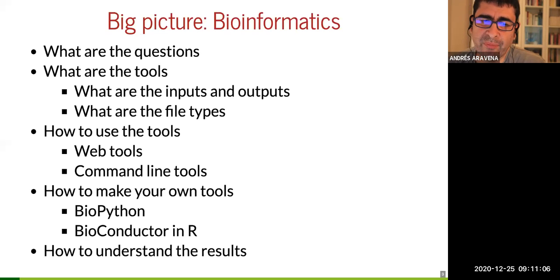Then, ideally, if you have more time or more interest, you should be able to use the tools. So how to use that tool? And I make a separation here between the tools that are on the web, like the ones that we used so far, and the command line tools that typically, not always, but typically work on a Unix server, not in Windows.